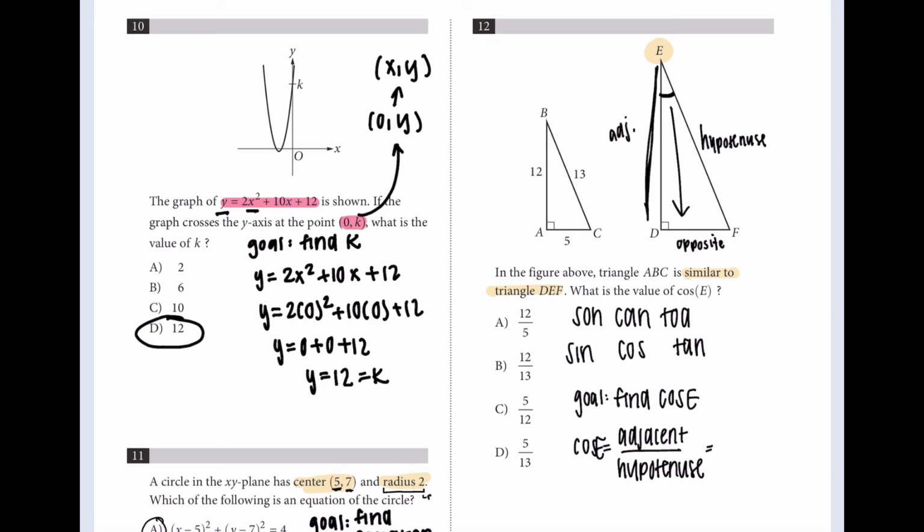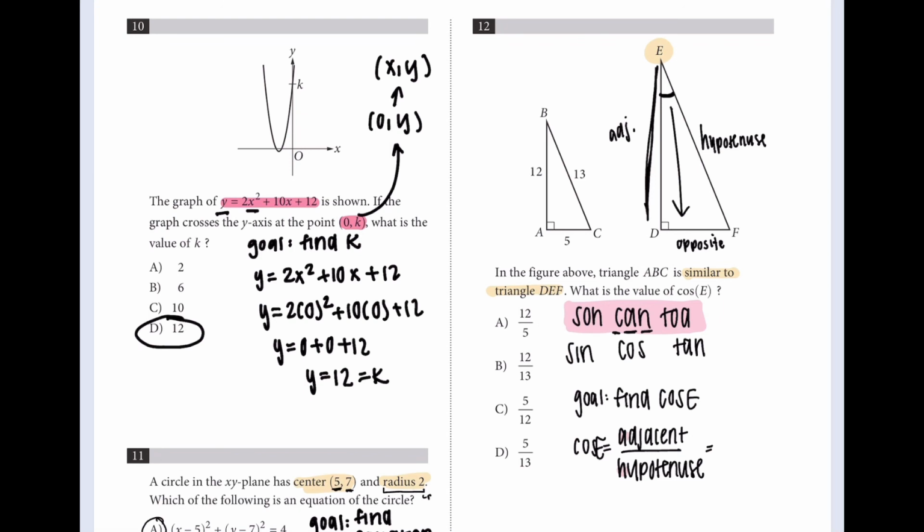Okay, and one last thing before we plug in our numbers, I know that this is adjacent over hypotenuse because I'm using a really nice geometry kind of memorization tool. The A stands for adjacent, the H stands for hypotenuse, and the C stands for cosine, so that's just how I memorized that. To find the cosine, I need the adjacent over hypotenuse ratio.